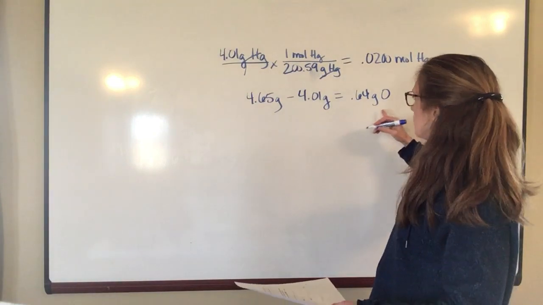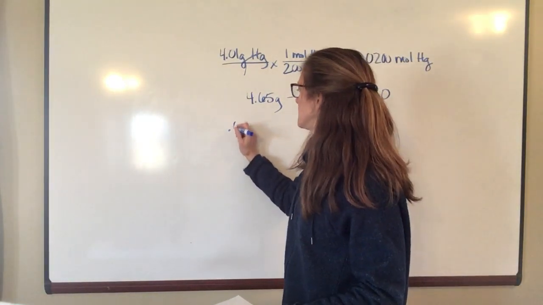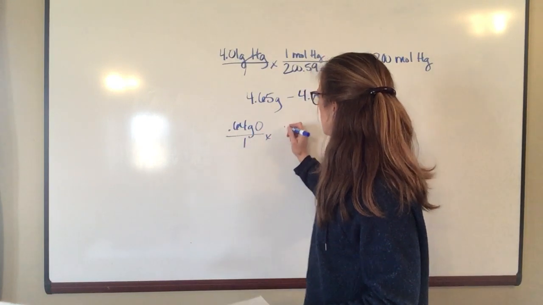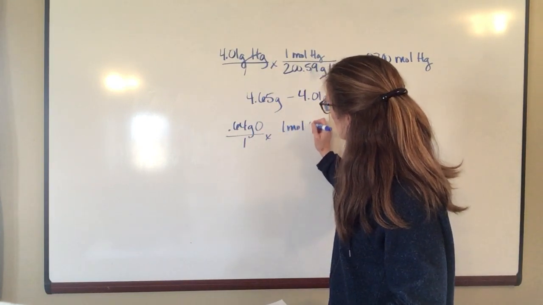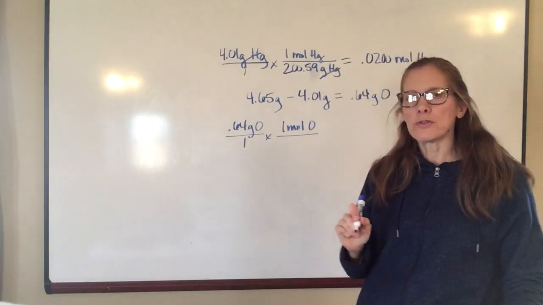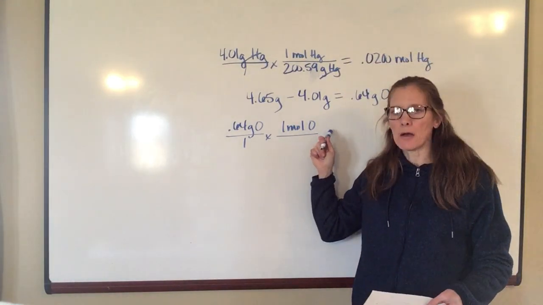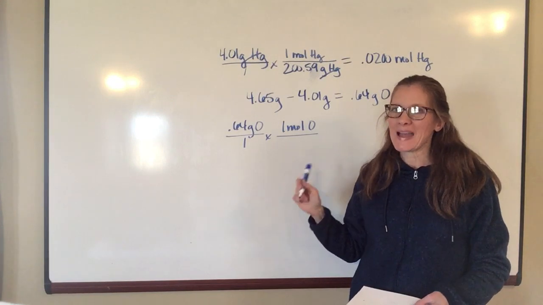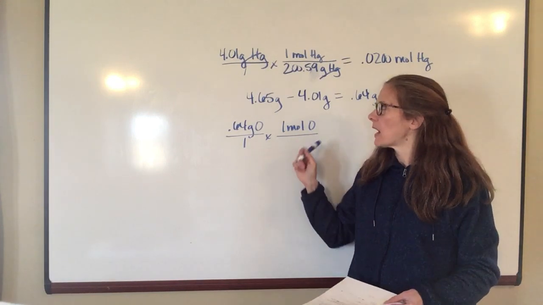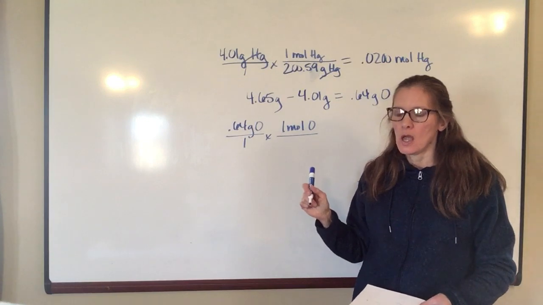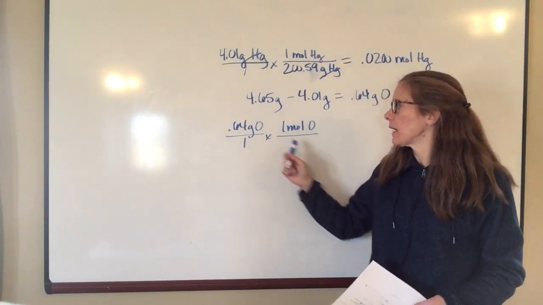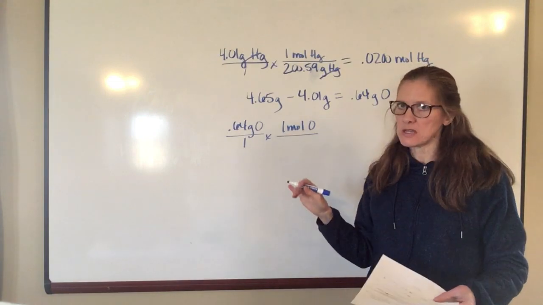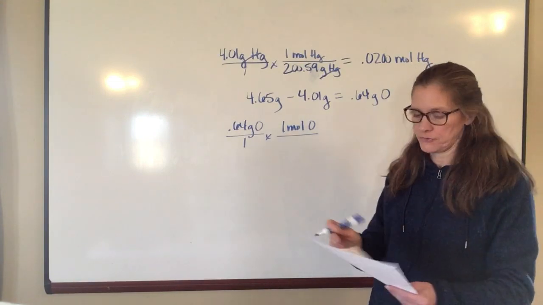So now that I know the mass of the oxygen, I can take the mass of the oxygen and convert that into moles of oxygen. One other note here too, we talked about how oxygen is diatomic, but it's only diatomic if it's by itself. When it's combined with another atom, it's not diatomic, so I want to know just moles of oxygen atoms, and I don't have to worry about anything being diatomic here, so don't let that confuse you.